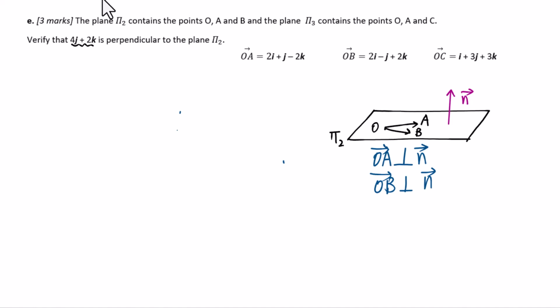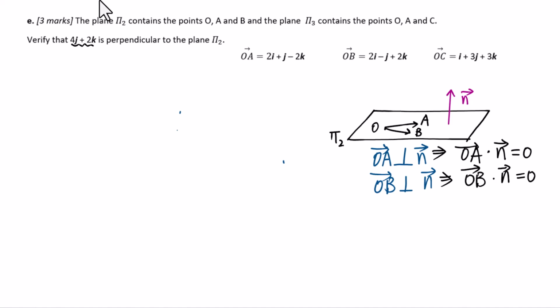Then vector OA is perpendicular to normal vector n, so vector OA dot normal vector n equals 0. Also, vector OB is perpendicular to normal vector n, so vector OB dot normal vector n also equals 0.